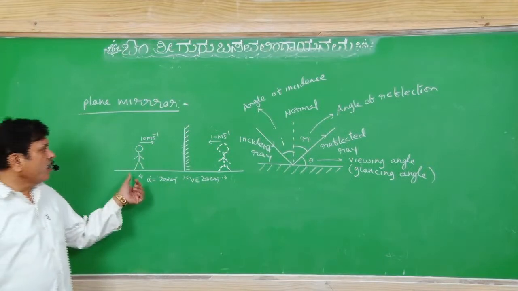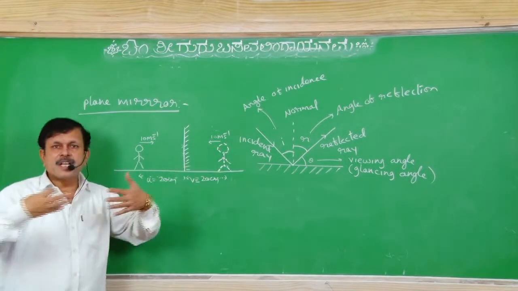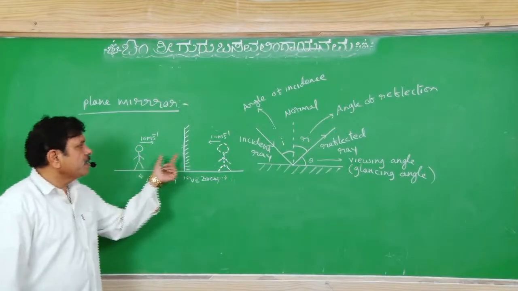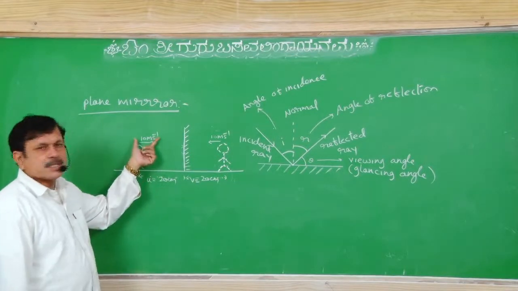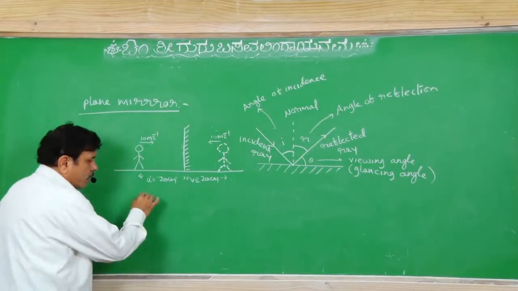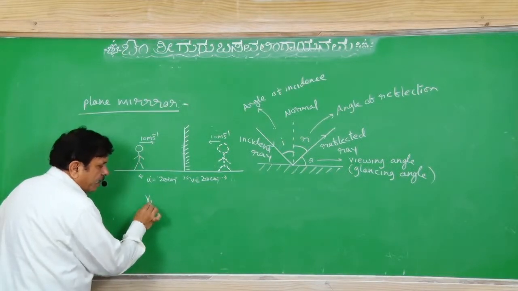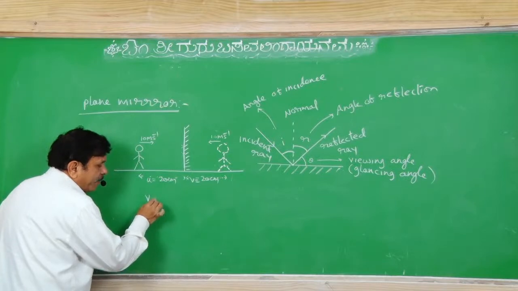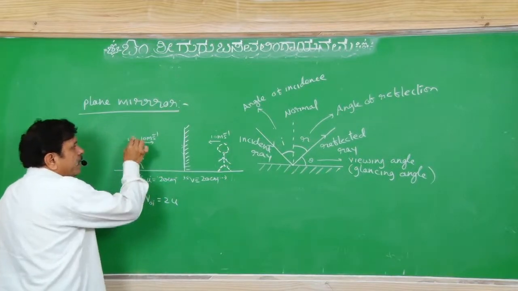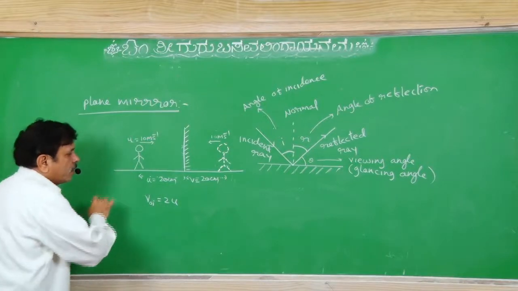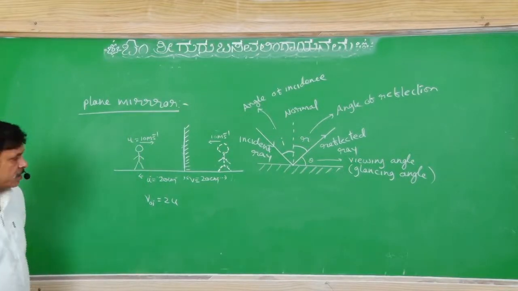Because the two are moving towards each other, the relative velocity of the object and the image will be 2 times the velocity of the object.